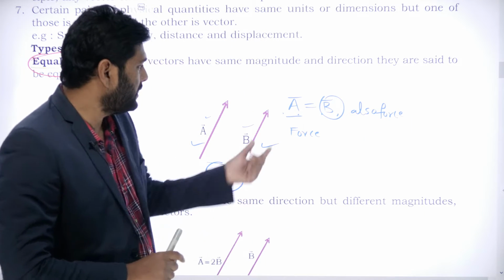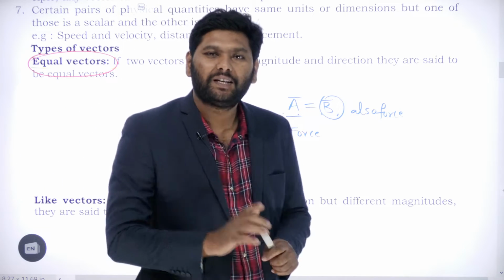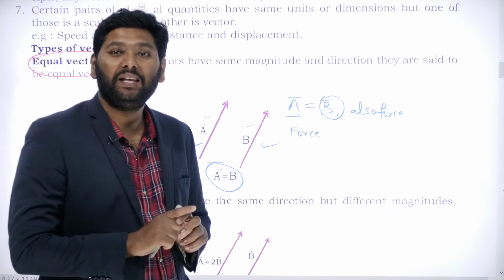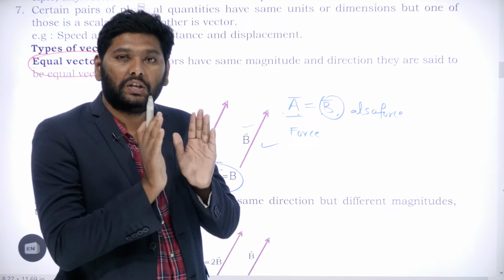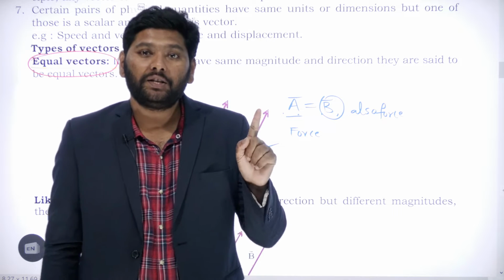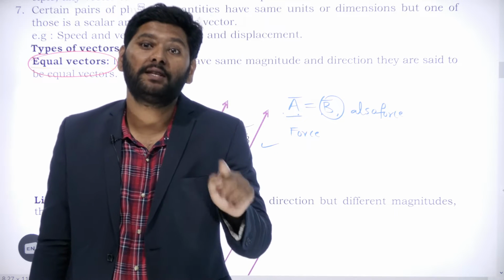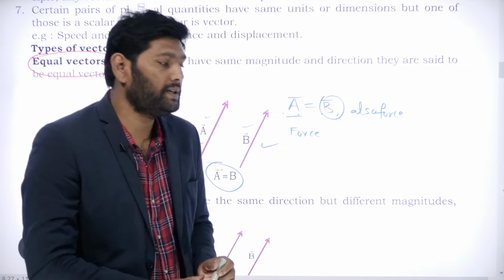Let me take one more example. If A is a displacement, then B also must be a displacement. That is meant by the same nature. So equal vectors must have not only the same magnitude and direction, but also the same nature. I hope you have understood.